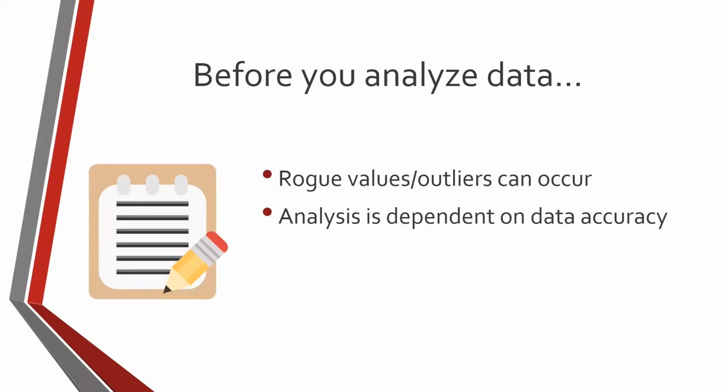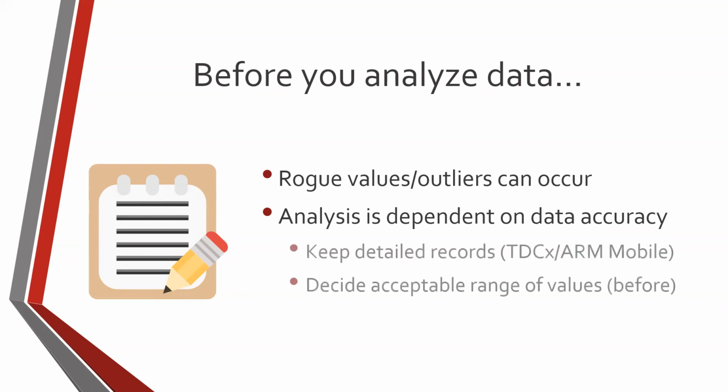So we want to catch those as soon as we can, even before we're later on in the process. So how should we avoid these types of problems? Keeping detailed records of the site and the assessment, and confirming the data as soon as it's taken, are really the big methods for doing that. Those both happen to be fundamental benefits of the data collection options that GDM offers, the tablet data collector and the ARM mobile.